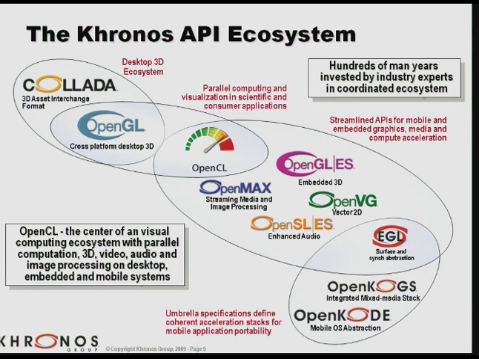OpenGL ES is a sibling API to OpenGL for 3D on mobile phones, OpenMAX for audio and video media, OpenSL ES for audio, OpenVG for vector graphics, and some umbrella APIs that define how all these APIs work together on a complete platform. Increasingly, all these kinds of markets and devices that we've been working on at Khronos are going to need parallel compute capability, and OpenCL will be the foundation stone around which that parallel compute capability is built.